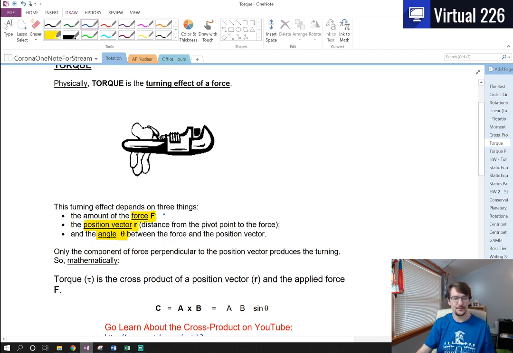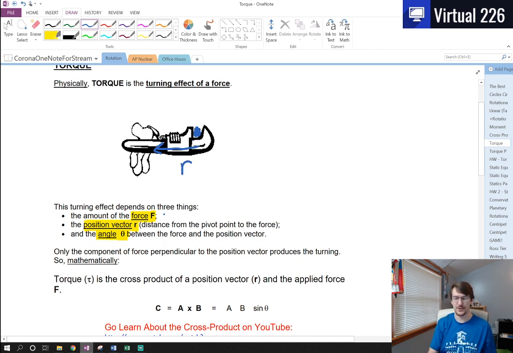If you've ever actually used a big wrench, if we imagine that we're pivoting around this point right here, kind of the bolt, if you have a very short wrench, then you have what's known as a very short position vector or a short moment arm.